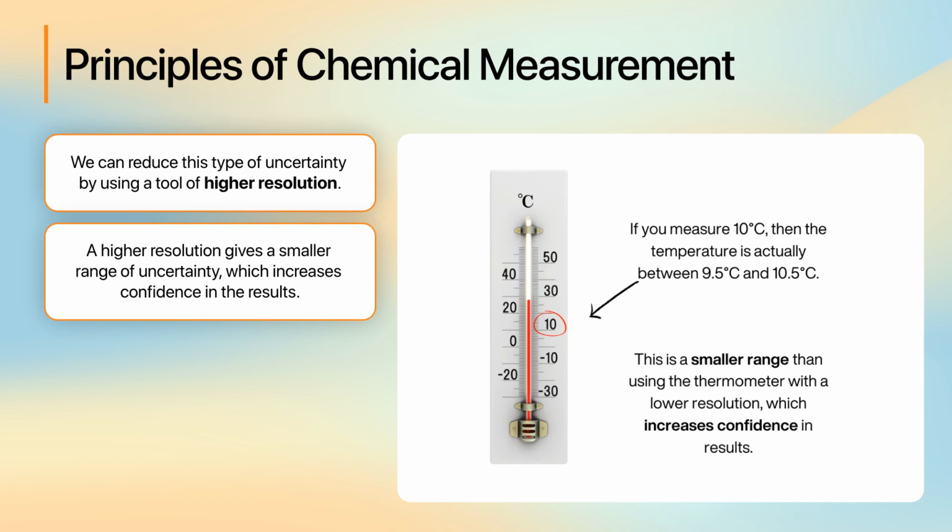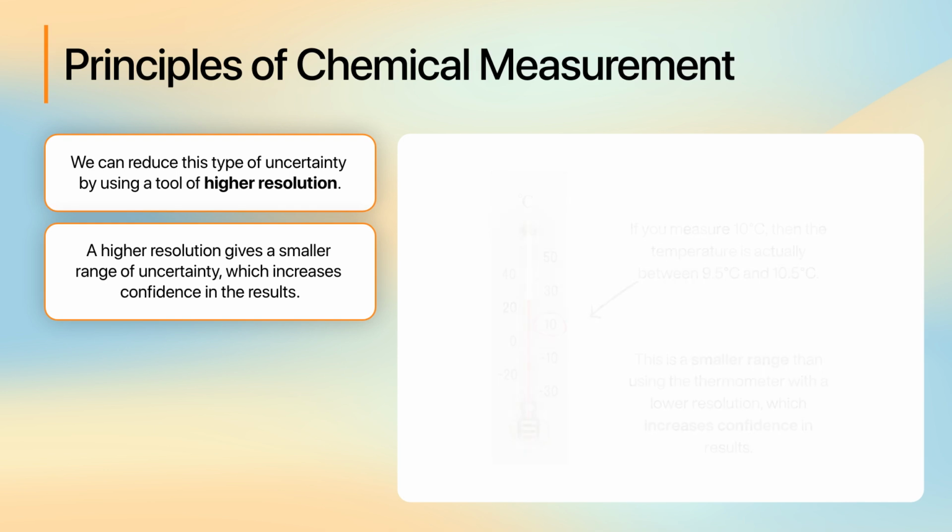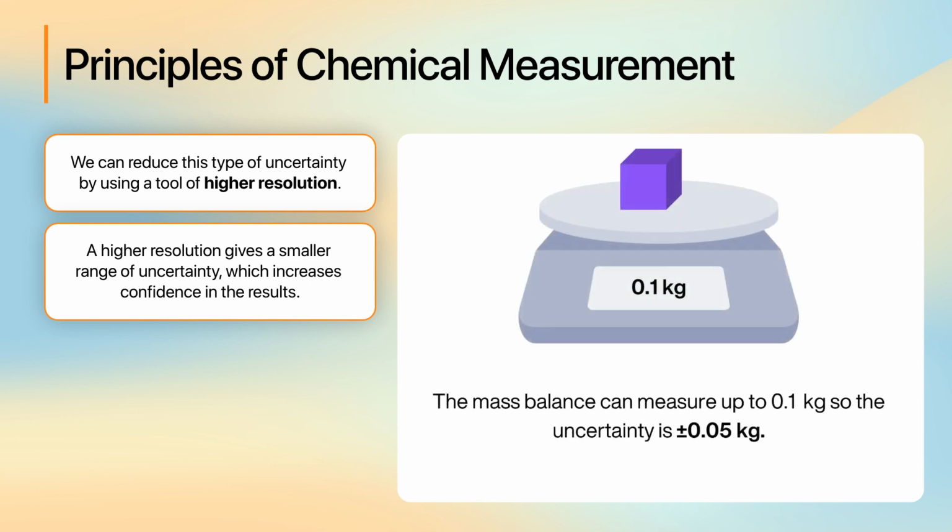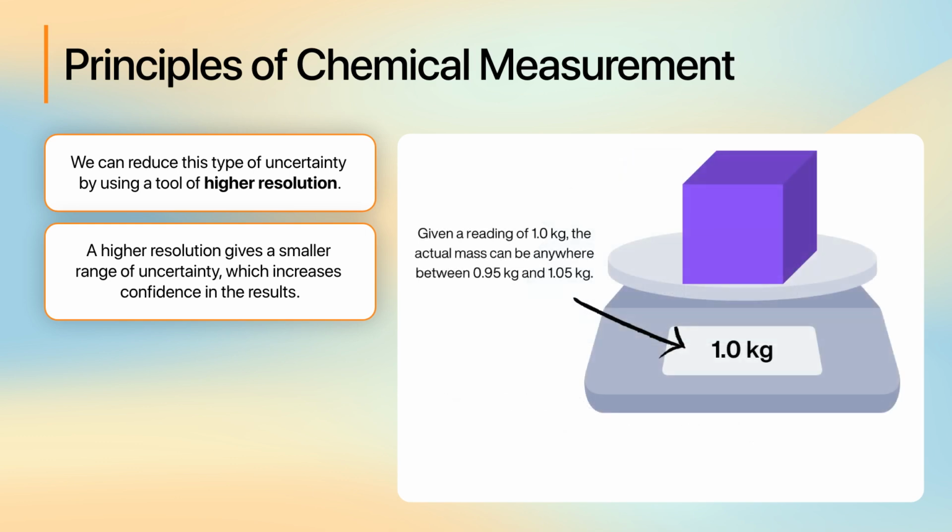For a digital instrument, we can calculate the uncertainty using a similar method. The uncertainty is half the smallest increment. For example, if a mass balance can measure to 0.1 kilograms, then its uncertainty is plus or minus 0.05 kilograms. This means that given a reading of 1.0 kilograms, the actual mass can be anywhere between 0.95 and 1.05 kilograms.